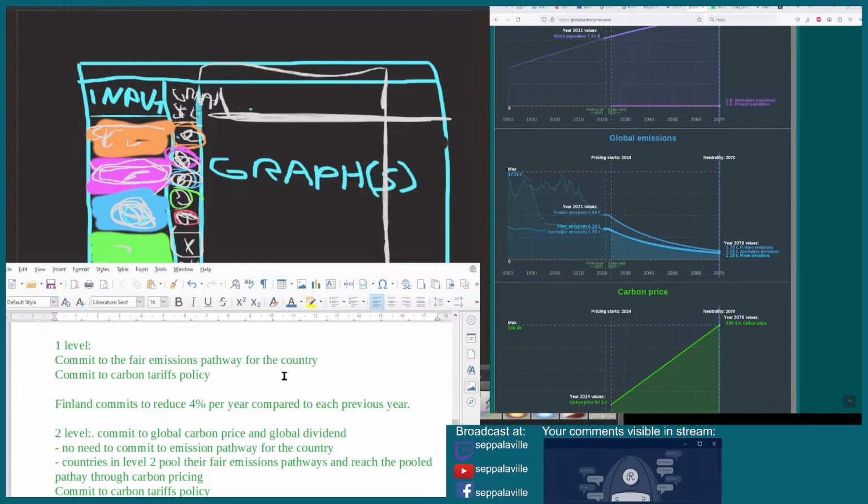So I think that would be very tangible for each citizen to understand.